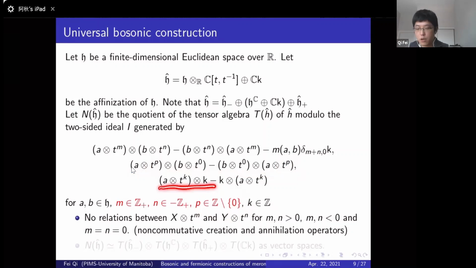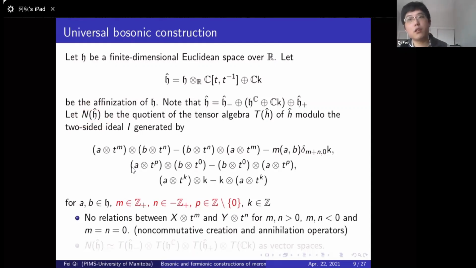And for the last one, the central element is supposed to be commutative with everything, so that part we will keep. So you see that we are actually quotienting much less than the usual Heisenberg VOA. So that's the algebra N of H hat.